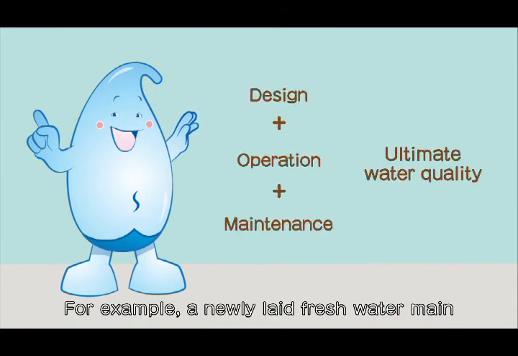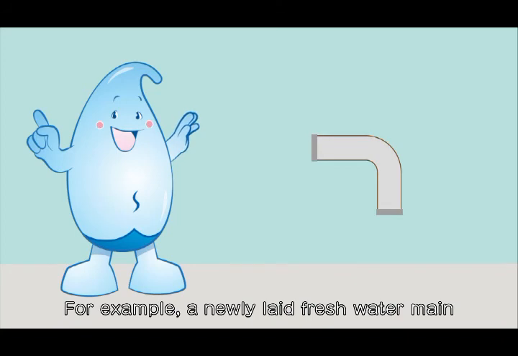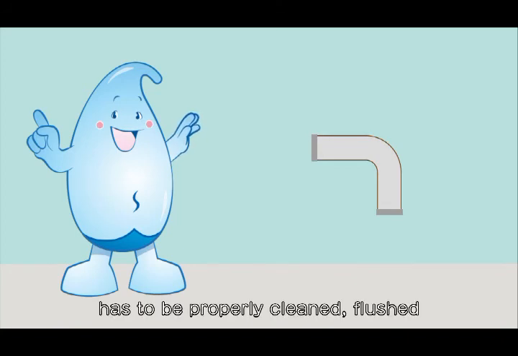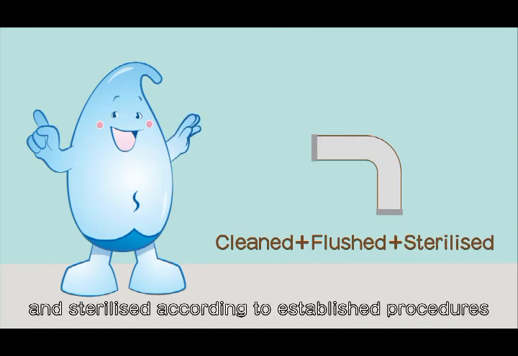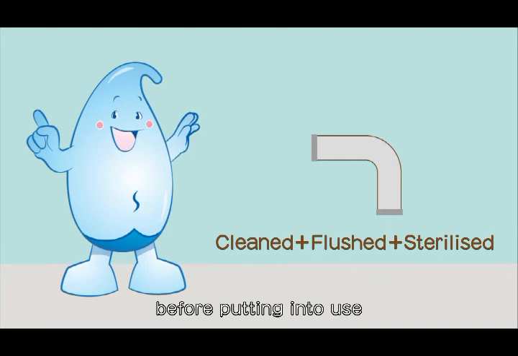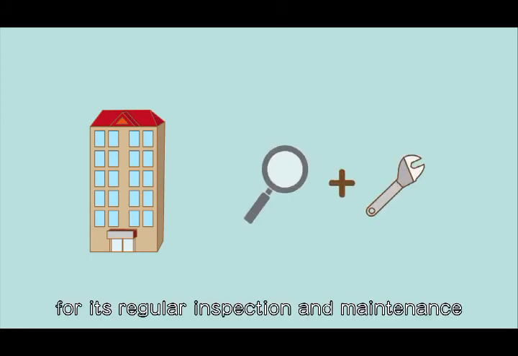For example, a newly laid fresh water main has to be properly cleaned, flushed and sterilised according to established procedures before putting into use. In addition, property owners should also be responsible for its regular inspection and maintenance.